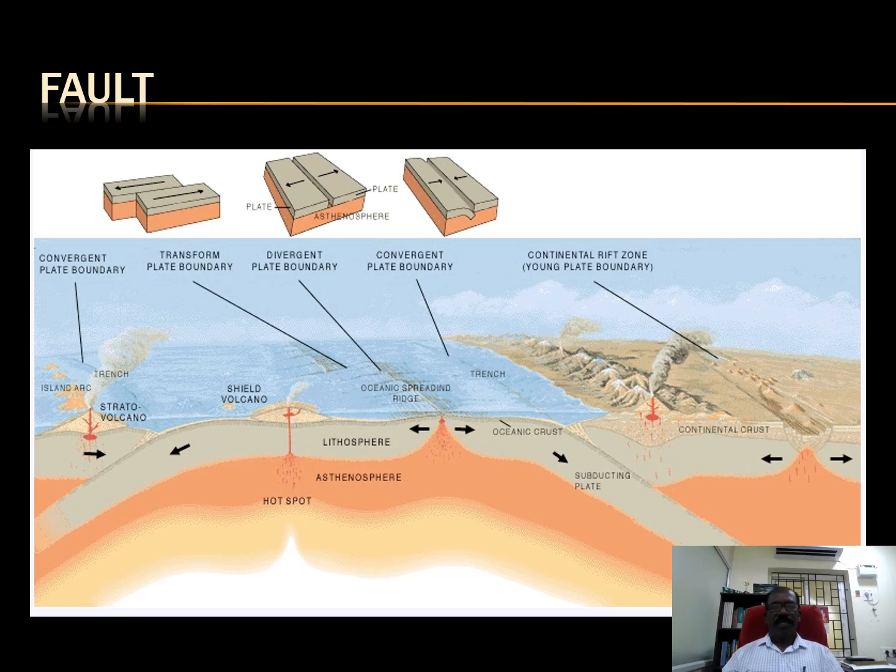Then let us see about the fault. What do you mean by fault? A fault is formed in the earth's crust as a brittle response to stress. Generally, the movement of the tectonic plates provides the stress and rocks at the surface break in response to this. Faults have no particular length scale.